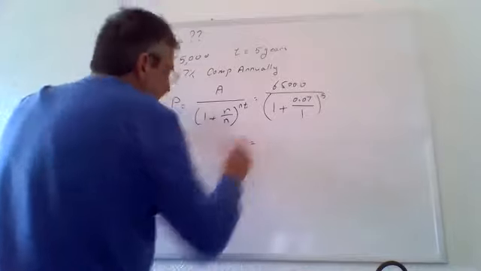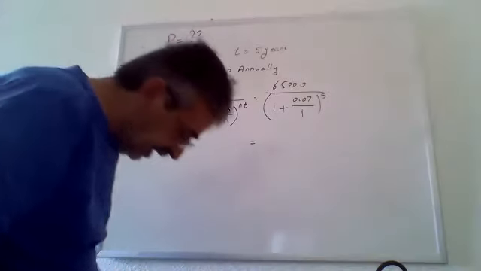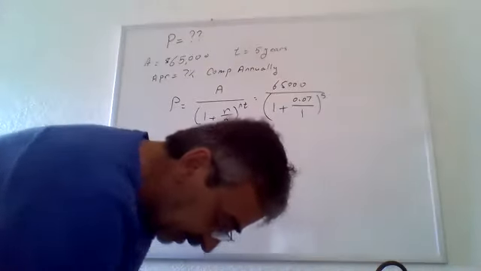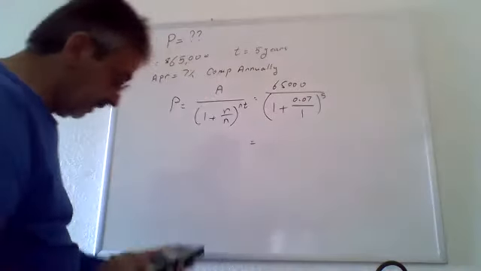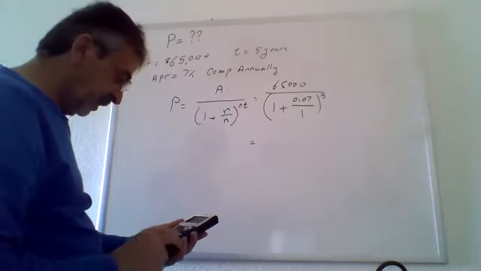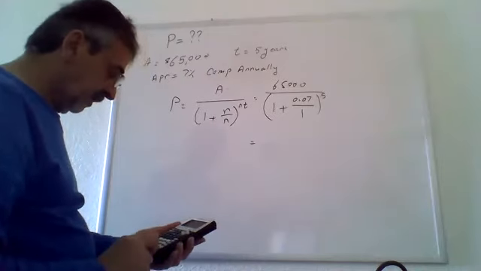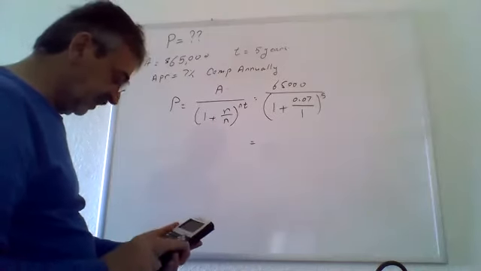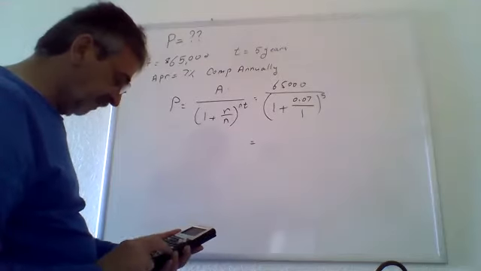So let me pull out the calculator: 65,000 divided by 1.07 to the power 5.